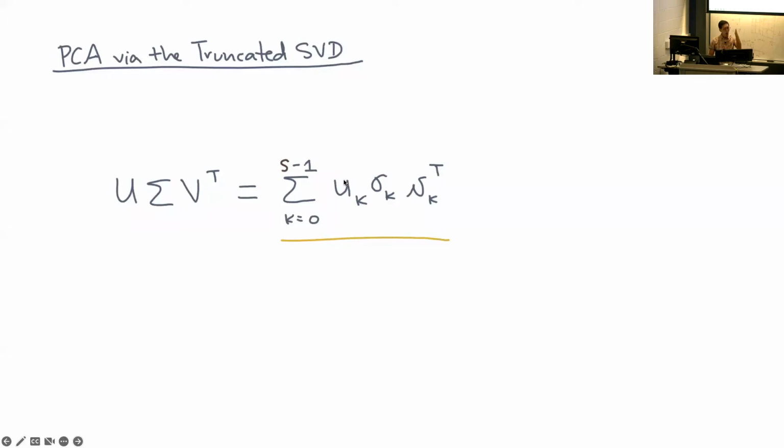If I just take one vector u_k and one vector v_k, or let's just call it a vector a and a vector b transpose, and I multiply them, I get a matrix. I'm asking about the rank of that matrix, the number of independent equations it identifies. It turns out the rank will be 1.